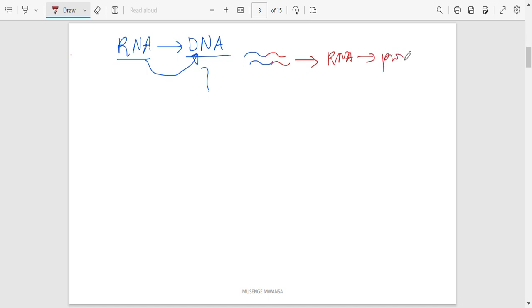So at the end, you are going to have proteins which have got also the genome of the virus itself. And so this will continue replicating, and it might be very difficult for you to be able to remove it. That is why this is also very difficult to get to treat.